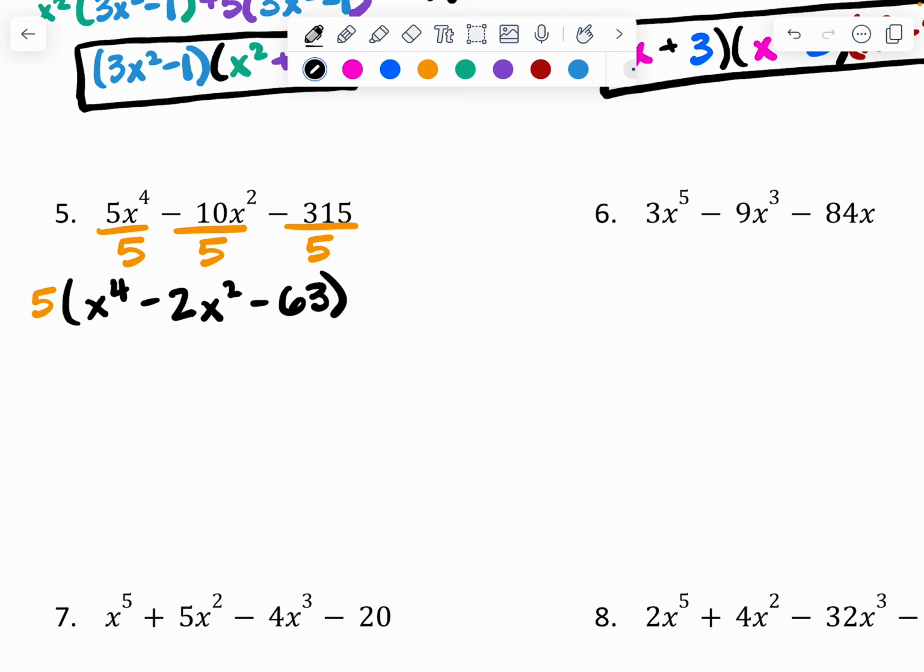So now I have a trinomial where a is equal to 1, so I'm going to use the shortcut here, negative 63 and negative 2. My solution is negative 9 and positive 7.